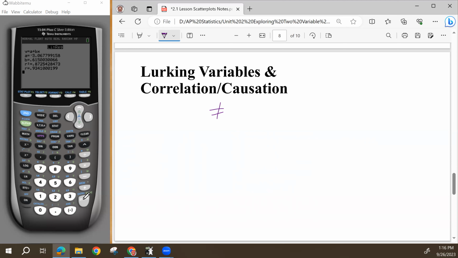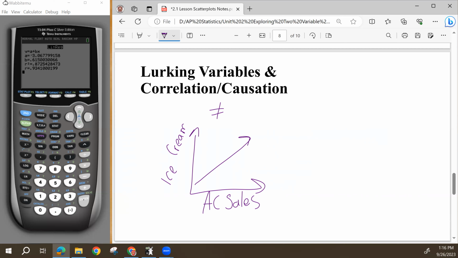One of the reasons there is we have these things that we call lurking variables, and those are other conditions or other characteristics that would be related to both of our variables that might cause them to look like they are related. For instance, real quick, if we were comparing AC sales, air conditioner sales, and ice cream sales, we might see that as air conditioning sales increased, ice cream sales also increase.